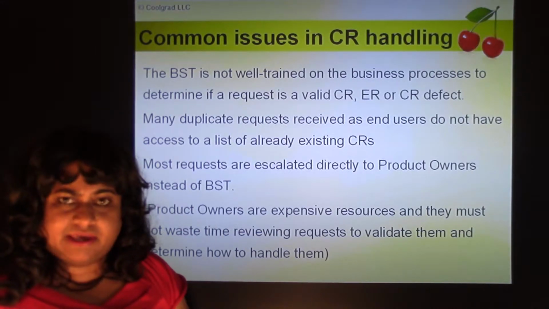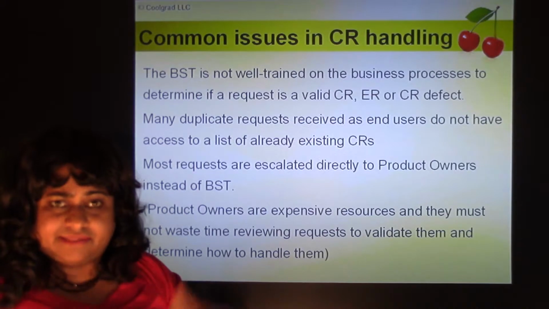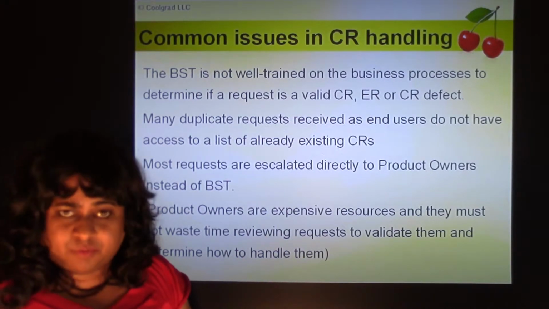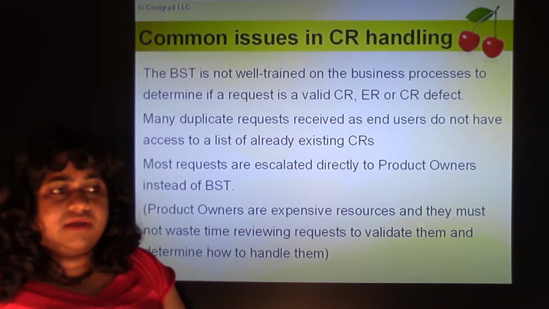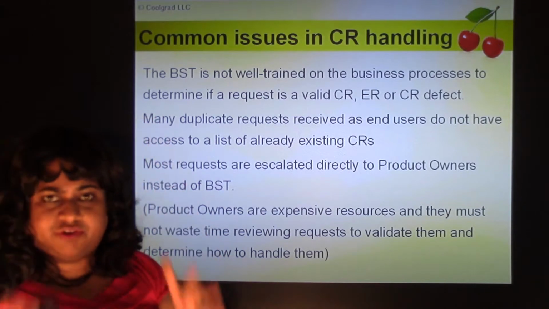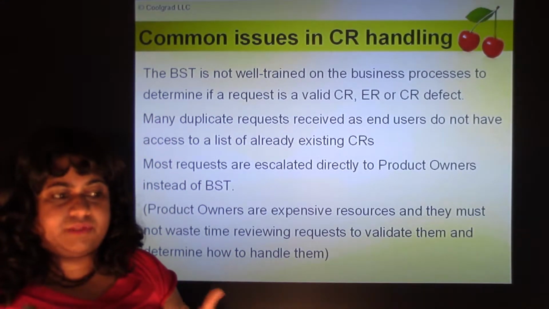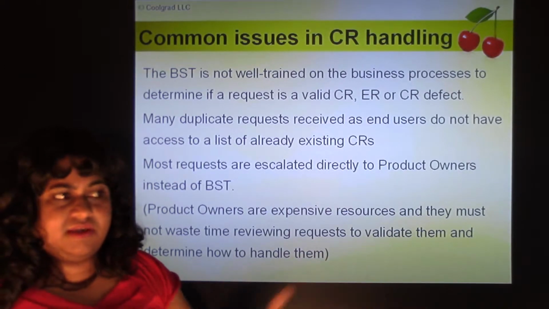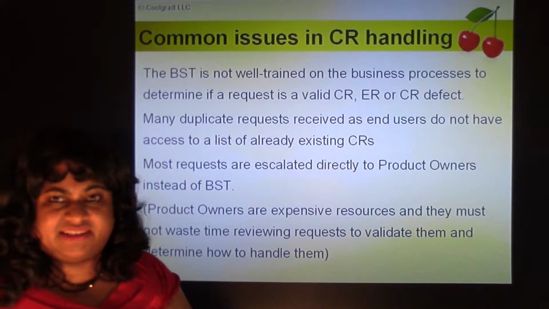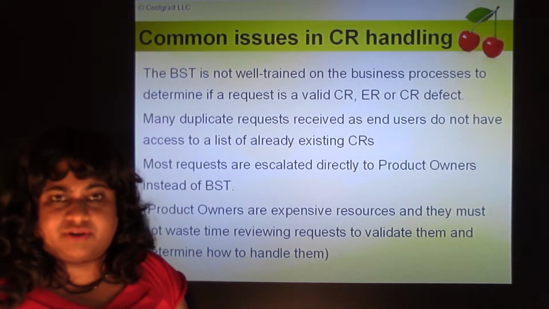You would want to educate them to review the list of already submitted CRs, and only if it's not already submitted, then they submit it. You want to filter out duplicates. So whatever CRs have been validated, you have to create them as user stories, and somehow provide access to these end users so they see the list of all submitted CRs, or at least a brief summary of all submitted change and enhancement requests.